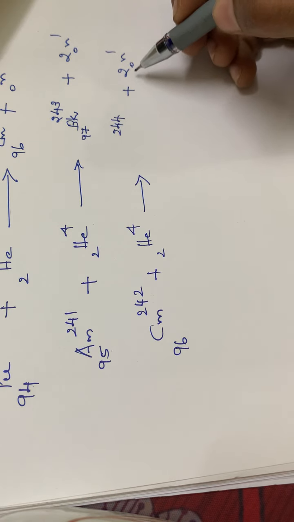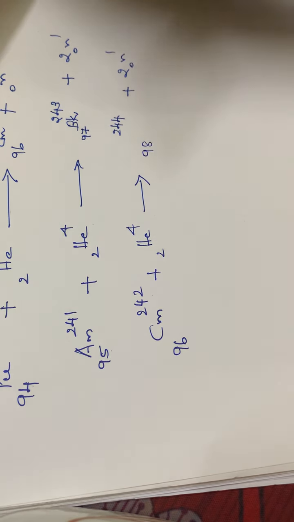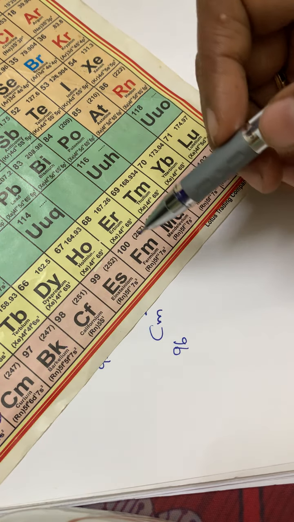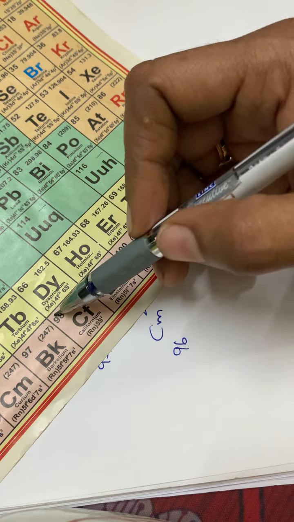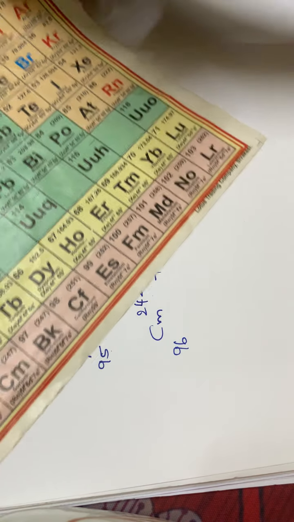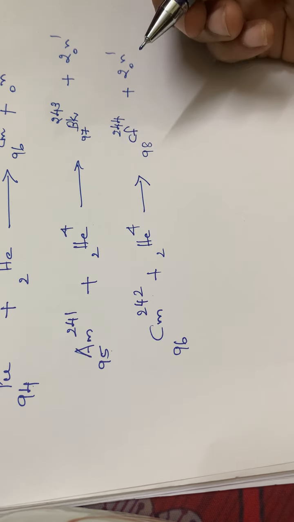Then the atomic number: the neutrons are 0, and 96 plus 2 is 98. The element with atomic number 98 is californium, symbol Cf.